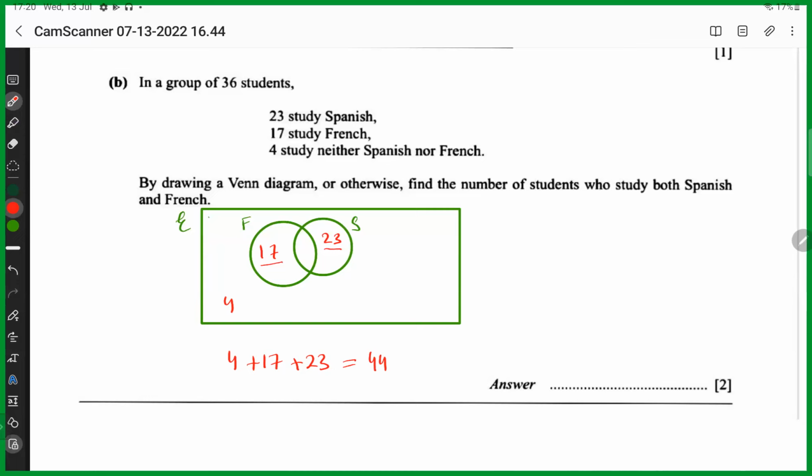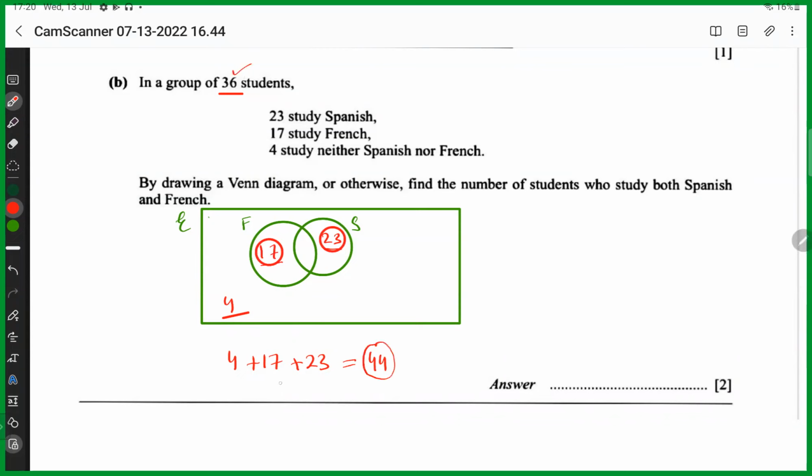How do I know that number? Okay, the total number of students is 36. 4 are taking neither French nor Spanish, 17 are studying French, and 23 are studying Spanish. Out of this 17 and out of this 23, I have a number that is studying both French and Spanish. Now I know that the total number of students is 36, and this way I'm getting 44.